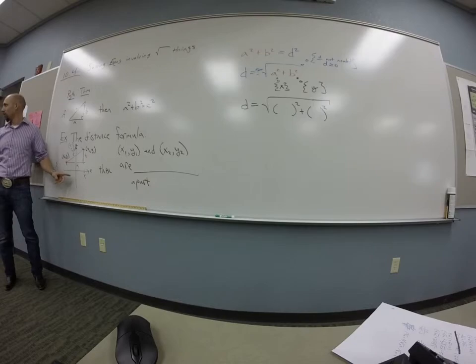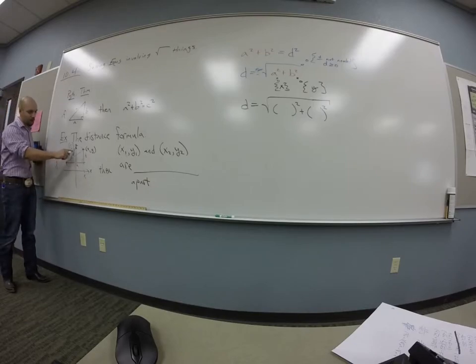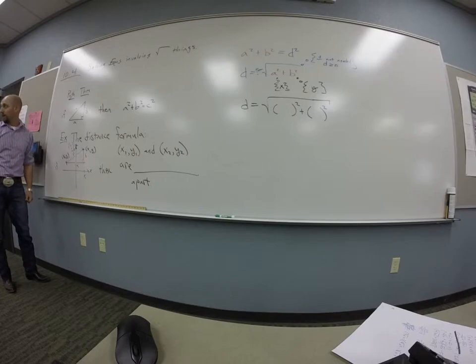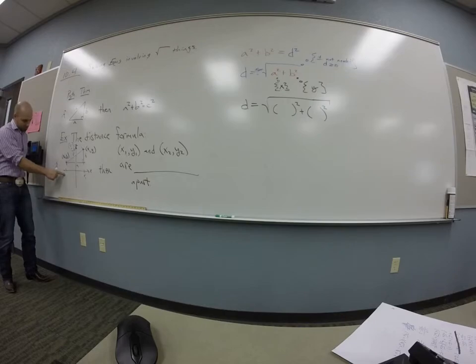You guys want this picture blown up? Okay. So I've got a y1 height there and an x1 in the x direction, right? The other point is, what's this? Yeah, that's the x2, right?